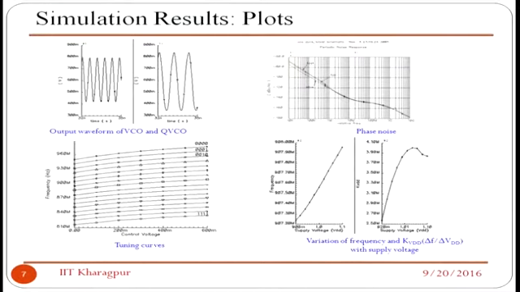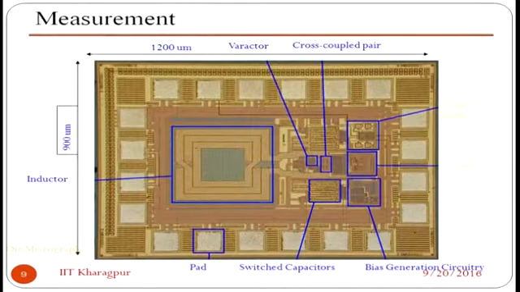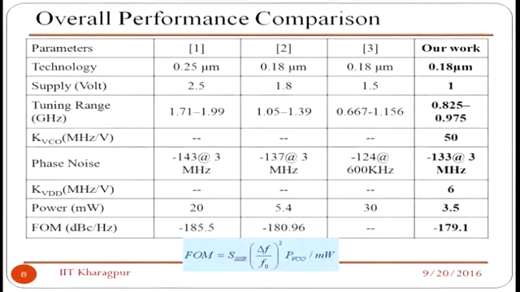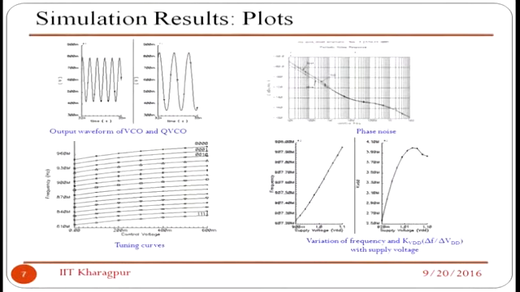Then you go to 0, 0, 1, 0, like that with binary weightage, those switches being on, and the frequency tuning curve goes to lower frequency. So this is the KVCO. The slope of this is equal to the KVCO. If you take the slope of that, you understand it's not a steep rise.